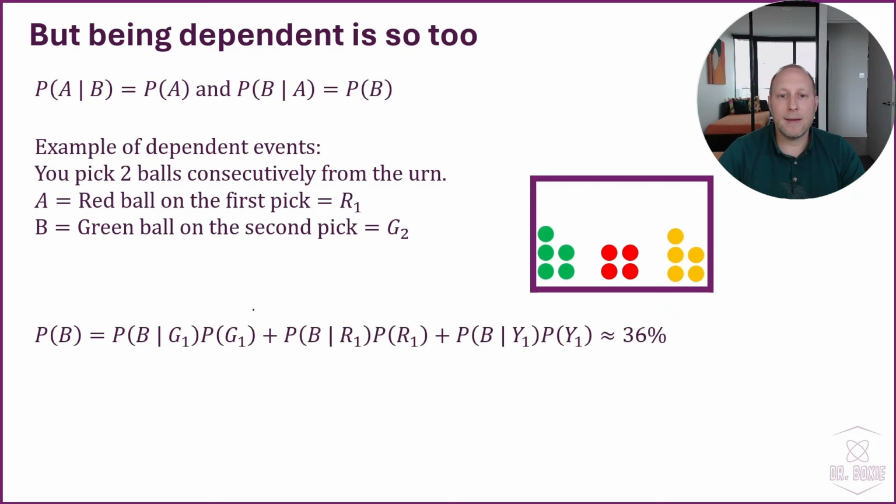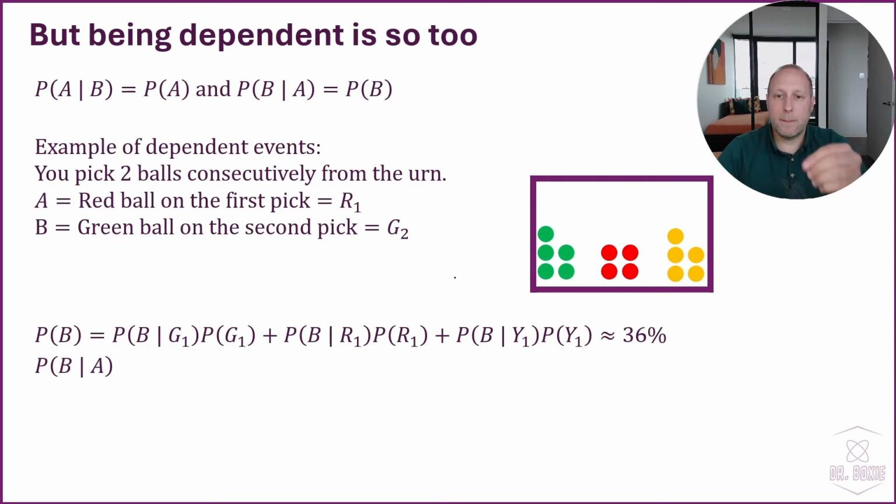And if we do that and you plug in the numbers, you will see that you find a probability of approximately 36%. Now compare this with the probability of B given A. So now we are given that on the first pick we picked a red ball. What is now the probability of picking a green ball on the second pick? The answer to that is there are 14 balls initially.